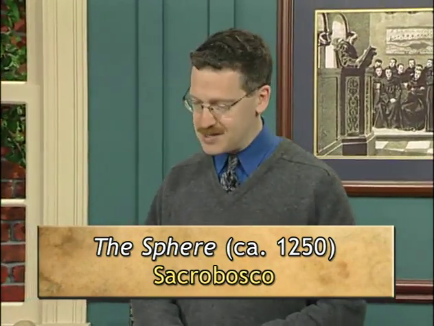This long remained a standard text, but it was replaced and improved upon by another work called simply The Sphere, in reference to the spherical cosmos, by Sacrobosco. Sacrobosco is his Latinized name. The author's original English name, because an Englishman he was, is John of Holywood.